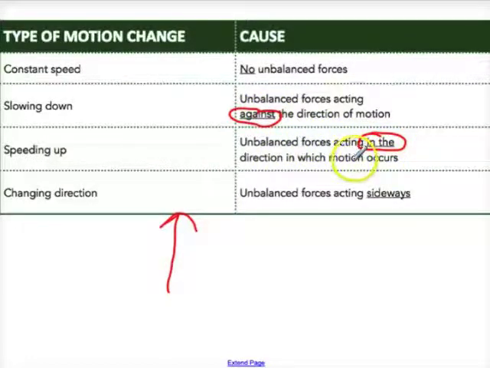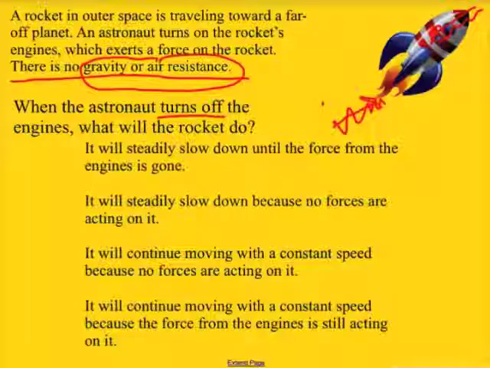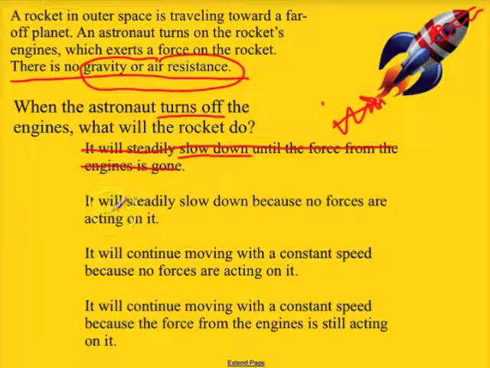No. So what must be happening? There's no unbalanced forces. So let's see if that's an option. It will steadily slow down. No, we already talked about it. It's not slowing down because there's not a force that's opposed to the motion. It will steadily slow down because no forces. Nope, it's not slowing down. And now, no forces are acting on it.